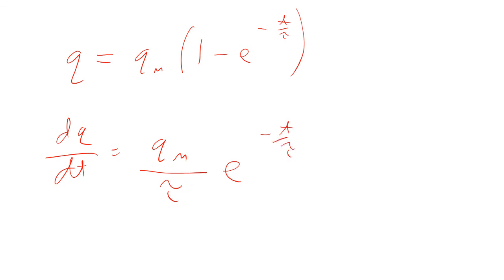So that means that it's dropping exponentially. Units would be amps, because this would be coulombs and that would be seconds. So coulombs per second would be units of amps.